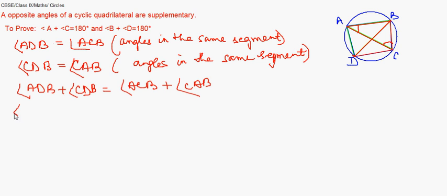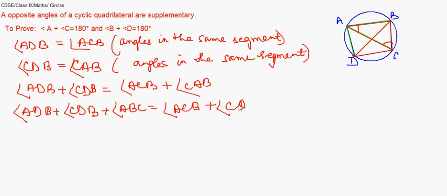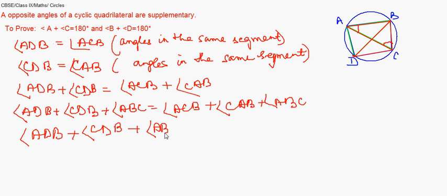So I'll add ABC to both the sides. Now the right side becomes the sum of three angles of a triangle. So angle ADB plus angle CDB plus angle ABC. I haven't yet concentrated on the LHS part. We have now moved on to prove this to be 180 degrees.